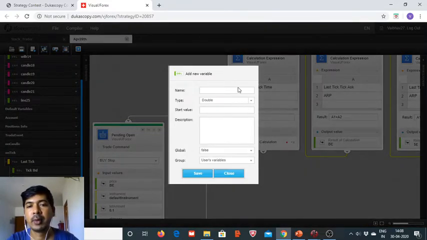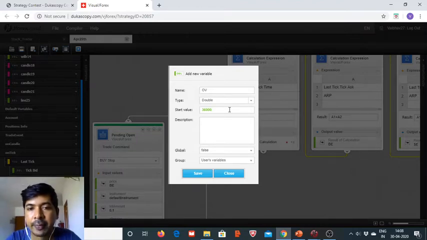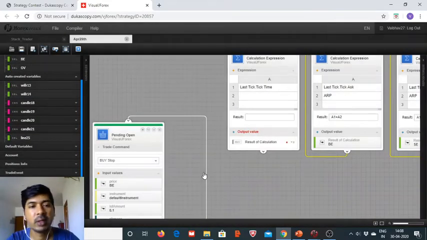It will be of type double. Let us name it OV, order validity, and there are 3.6 million ticks in an hour, so we need to get the zeros right. Yes, I hope I got it right. You can point it out if you see anything missing.